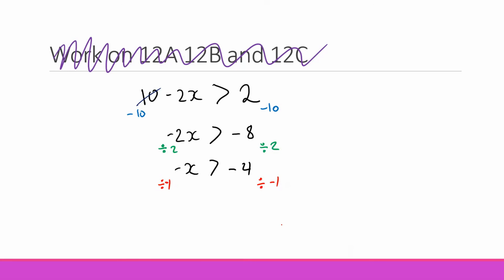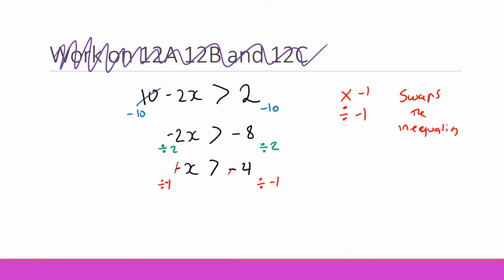Now, you can do this in one step in the future, but I'm just showing you this now. That's going to cancel out this negative. It's also going to cancel out this negative, but it does one extra thing. When you multiply or divide by -1, it swaps the inequality.